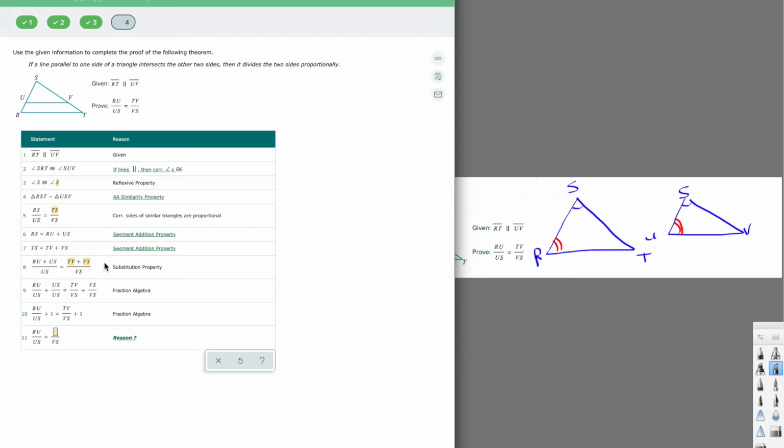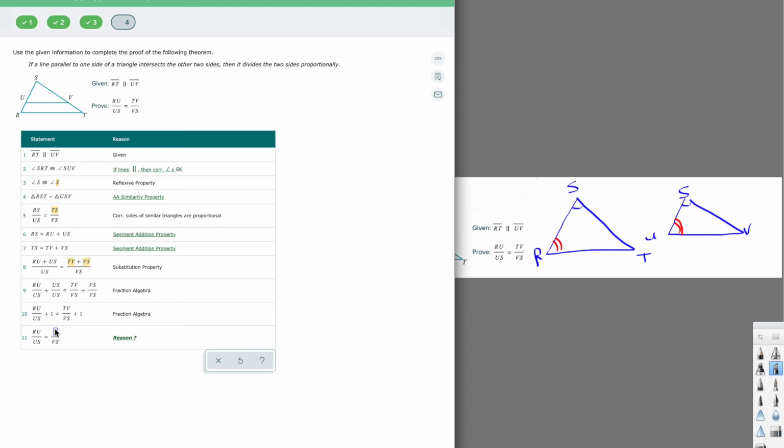All right, so then down here it says fractional algebra. So now they're showing us we can split these so that they're both being divided by US, and both being divided by VS, so they're just splitting that apart. And then all of a sudden we have ones here instead of this US over US and VS over VS. Well, anything divided by itself is 1. Even though it's a segment and we don't necessarily know what it is, it's the segment divided by itself. So anything divided by itself becomes 1 and 1. And then all of a sudden the ones disappear.